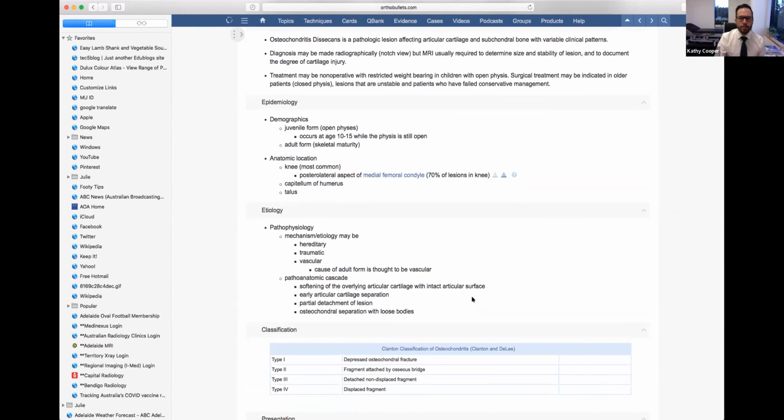And then they range from softening to early separation to where the lesion's starting to detach, where you'll see a split in the cartilage, allowing fluid in behind the bone. And then once you get the fluid behind the bone, then you can get osteochondral separation. And so you'll get a piece of cartilage attached to some dead bone that then becomes a loose body within the knee.